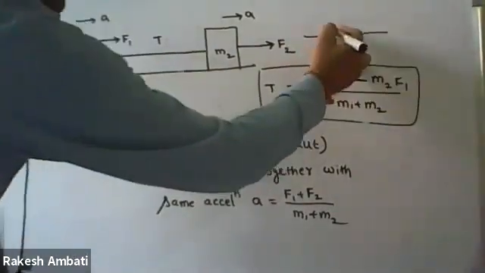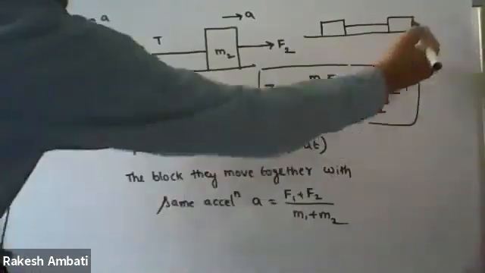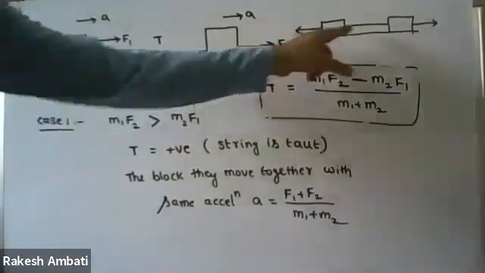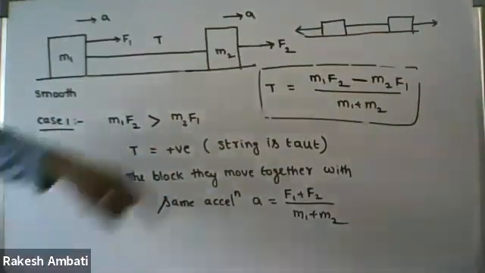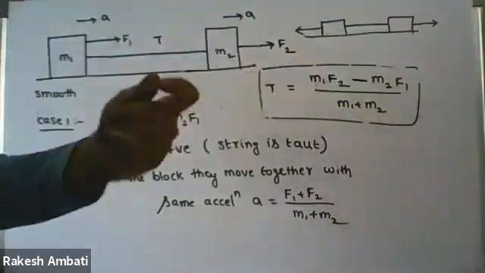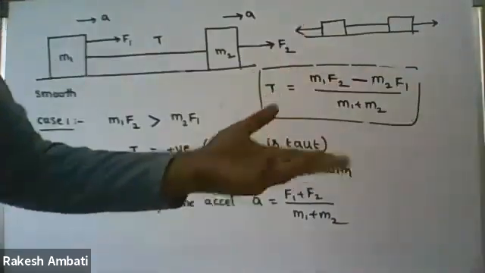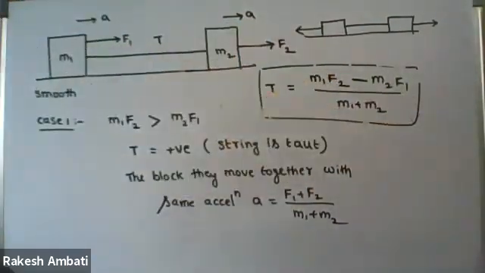Because in the previous question, the two blocks are like this, with one applied force each. Now these two applied forces can keep the string taut. So definitely in such questions, the string will always be taut. The blocks move together with the same acceleration.